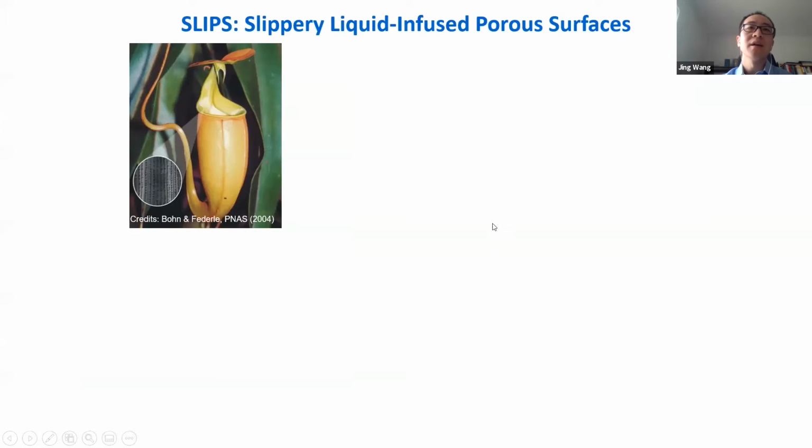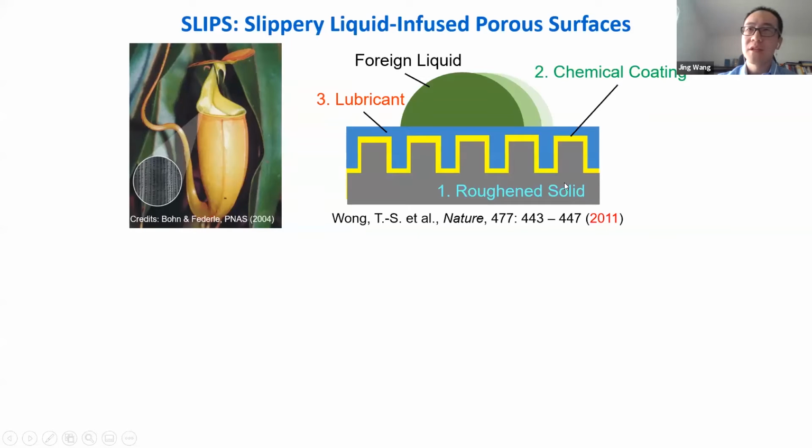That's why, inspired by pitcher plants, a very different strategy was used: replacing the solids not with air, but with another liquid. This surface was invented in 2011 by my PhD advisor and his mentor at the time at Harvard, Joanna Aizenberg, together. They created these slippery liquid-infused porous surfaces, short for SLIPS.